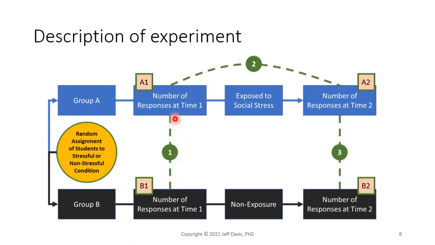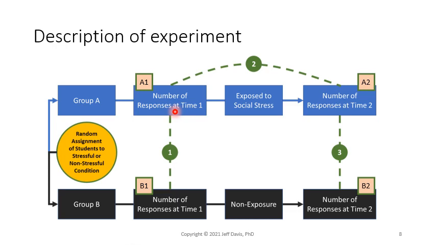The first comparison is going to be between our first group here, A1, so this is group A at time 1, and group B at time 1. Since group A1 has not been exposed to any sort of stress yet, these folks should look pretty much the same.